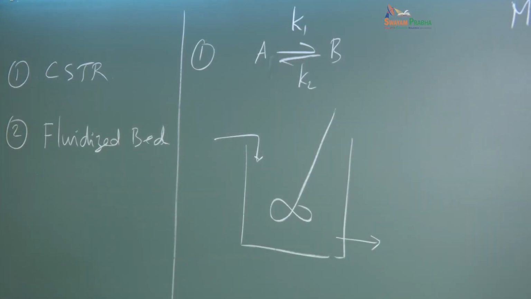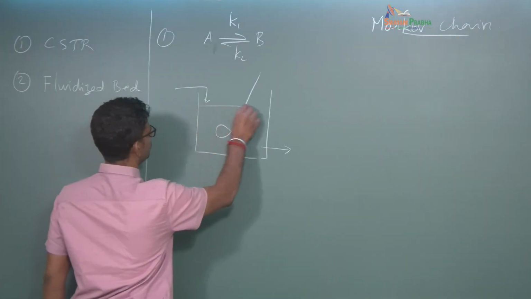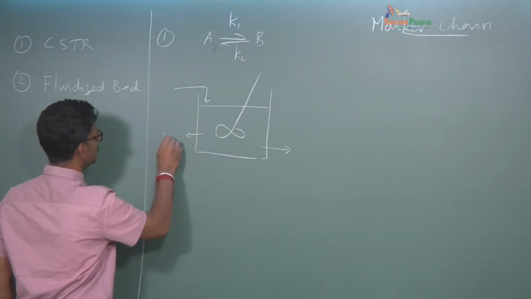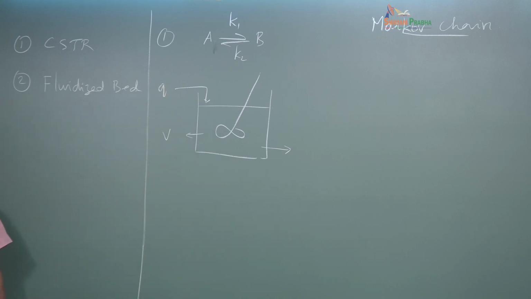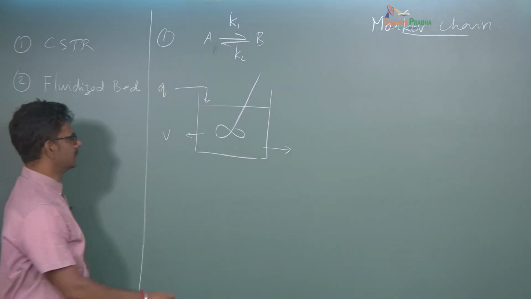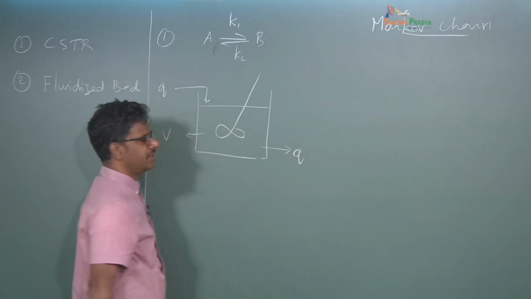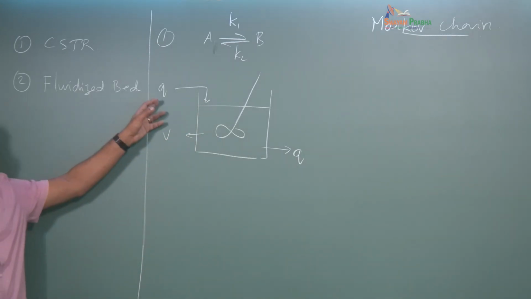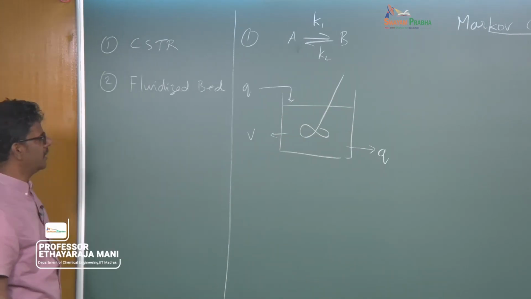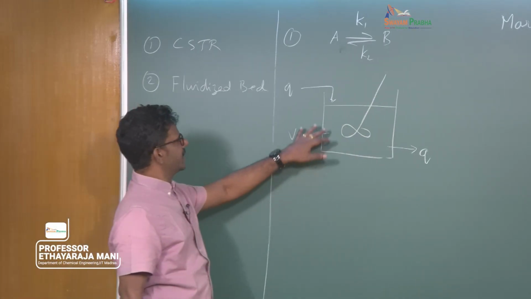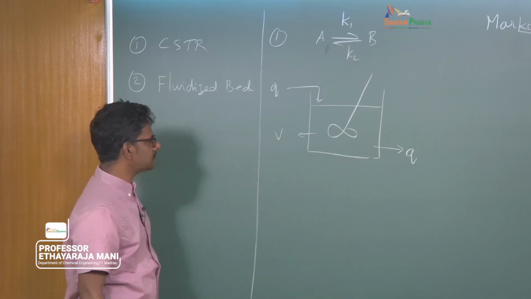You can say that the reactor volume is V, and the flow rate is Q. To keep things easy, we will keep a constant density, so same flow rate, steady state behavior. So in this case, you have a reaction like this happening here.